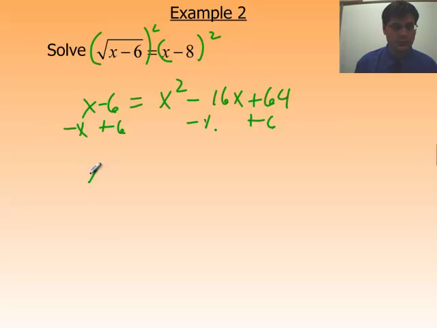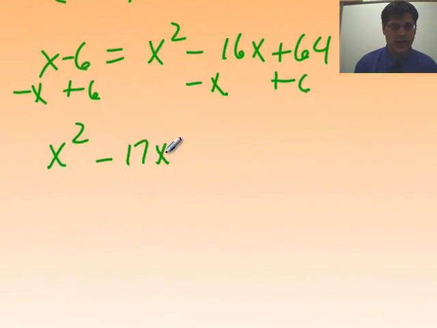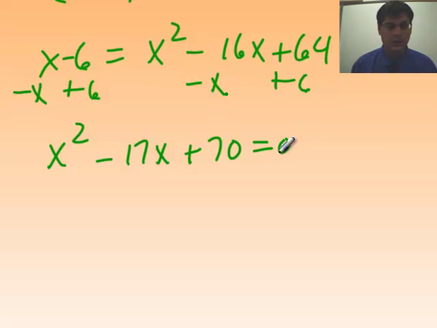So I'm going to be left with x squared minus 17x plus 70 equals 0. Now all I have to do is solve this quadratic.